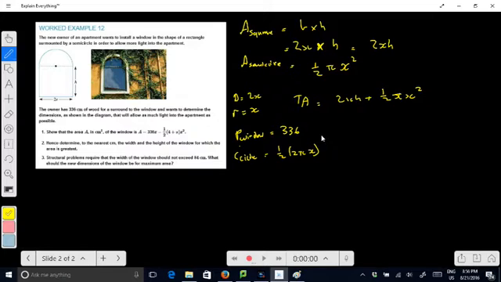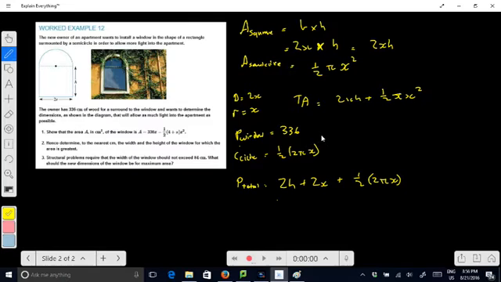So the perimeter of the shape is going to be our height, so we've got 2h, we've got the base there as 2x, and our semicircle, half 2 pi x.